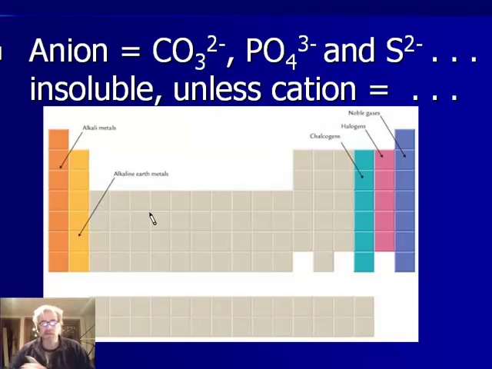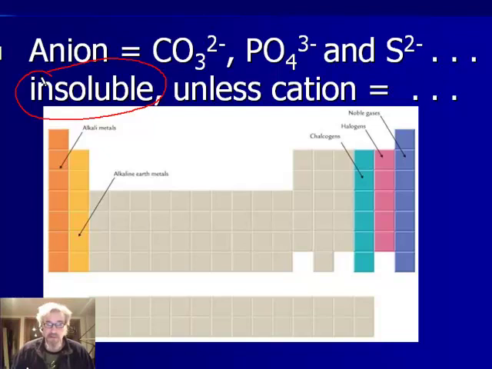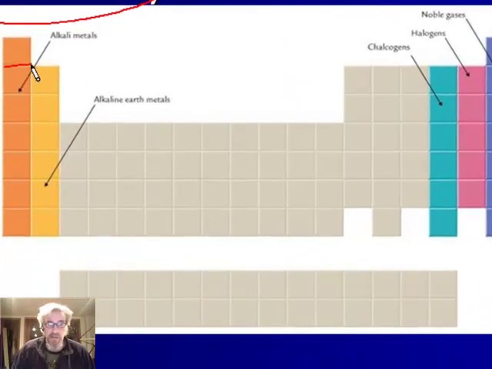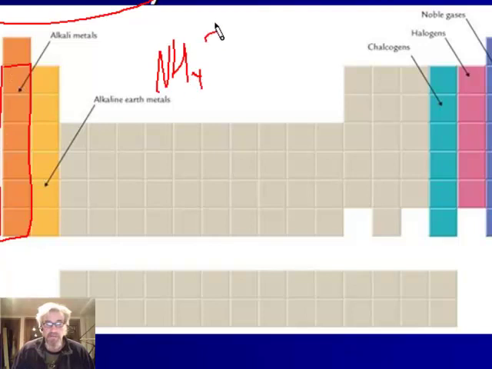If the anion is carbonate or phosphate or sulfide, those will almost always be insoluble. In other words, they won't dissolve in water. They'll always make precipitates, except the things that never make precipitates for cations. And that would be your group 1 metals and ammonium.